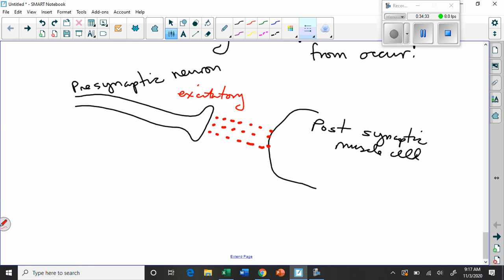But at the same time, on another place, on the same muscle cell, you might have another neuron that connects in a different spot, right? It's a presynaptic neuron as well. It has a neurotransmitter, but this neurotransmitter is inhibitory.